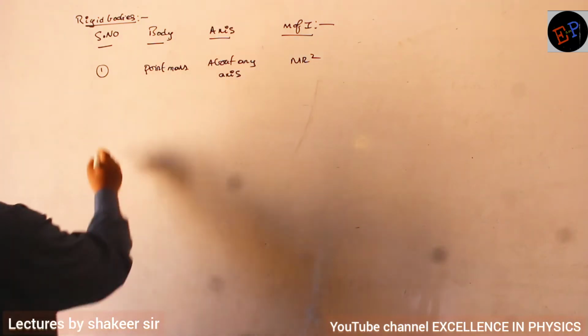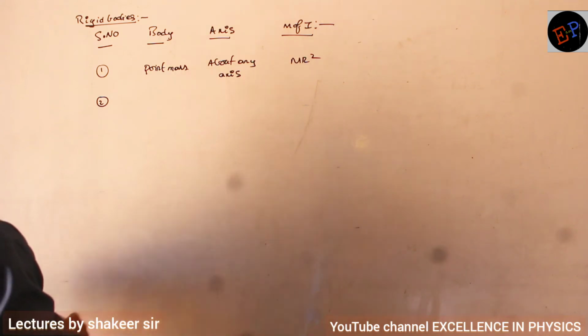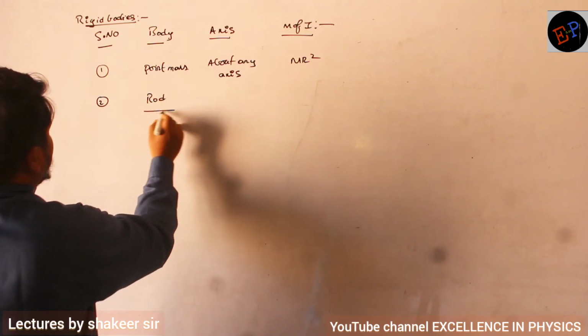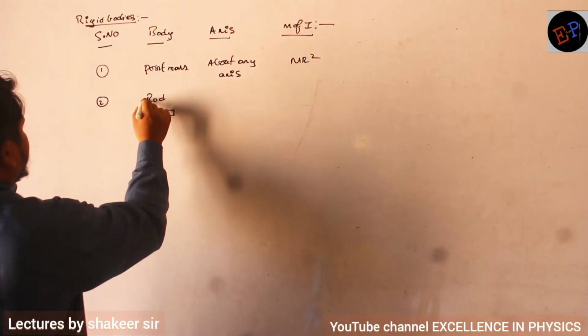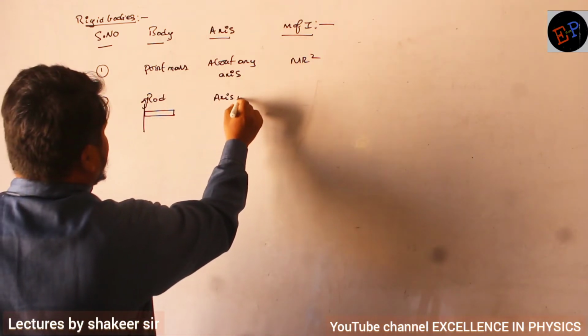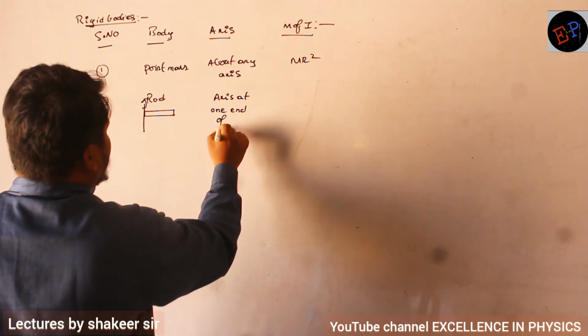Understood, no? Second one: a rod, with the axis present at one end of the rod.